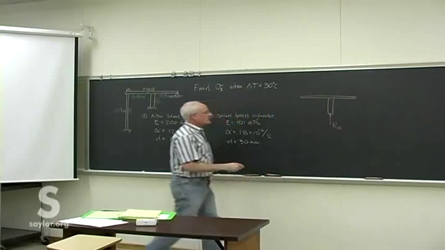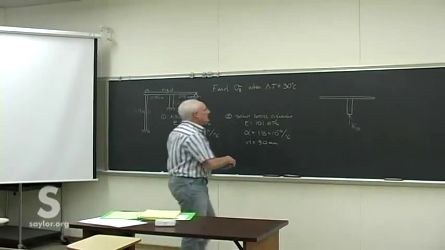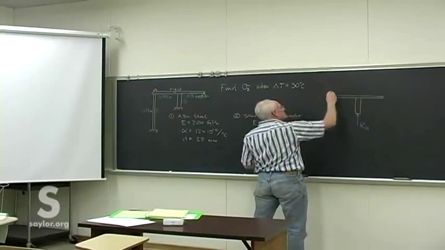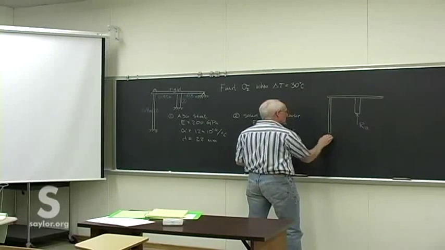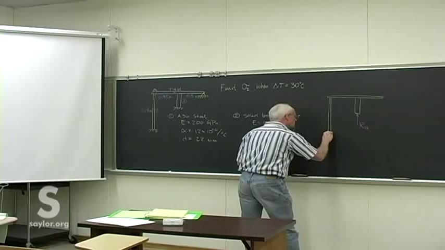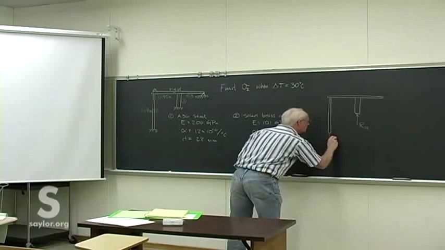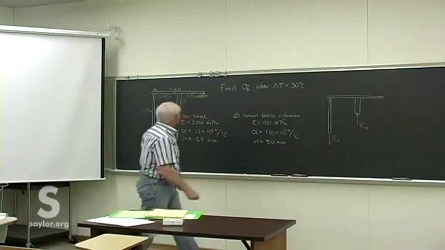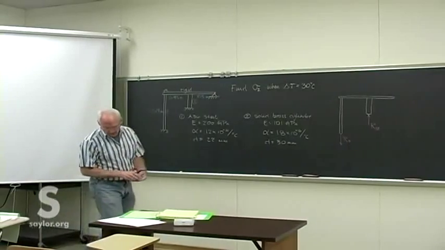There's going to be a reaction in the brass piece that'll be up, and because that will push the bar up, it's going to put this structural steel rod into tension, so we can figure that out as well.